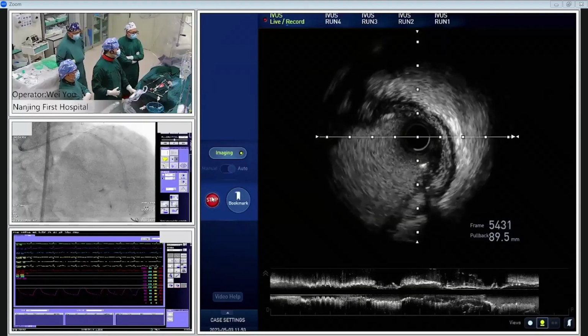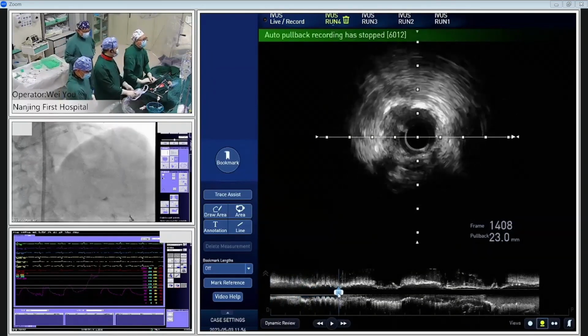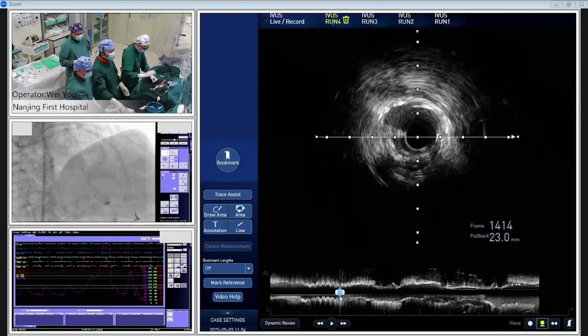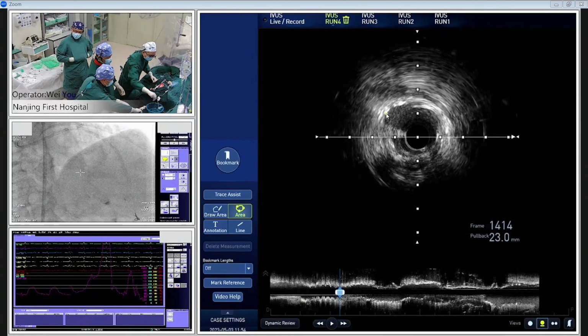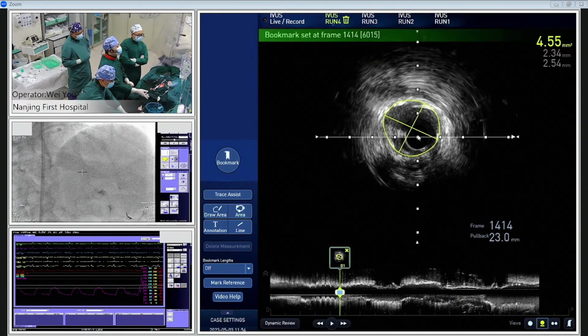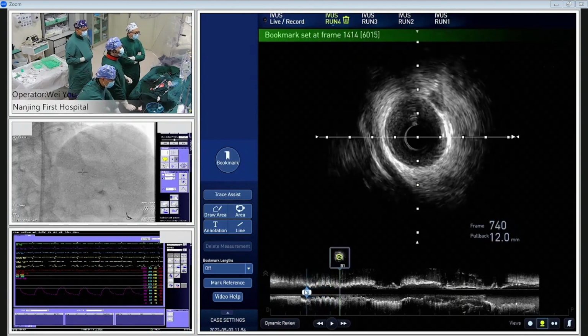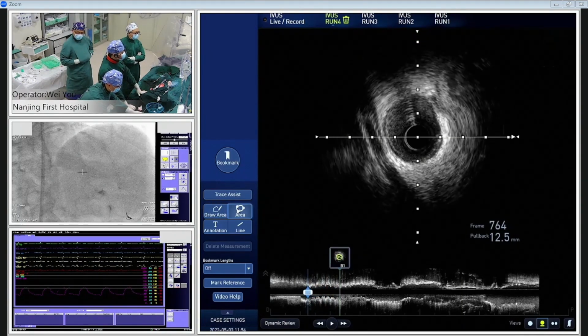I will stop. Please do the analysis of the IVUS image to tell us if we have achieved the optimal ULTIMATE criteria. Yeah, it's the distal segment, right? This is the minimal stent area. Before, it was a small stent, 2.5.